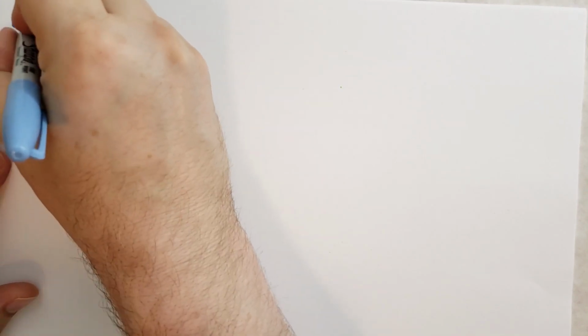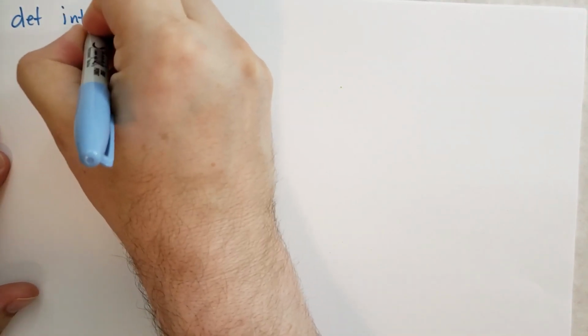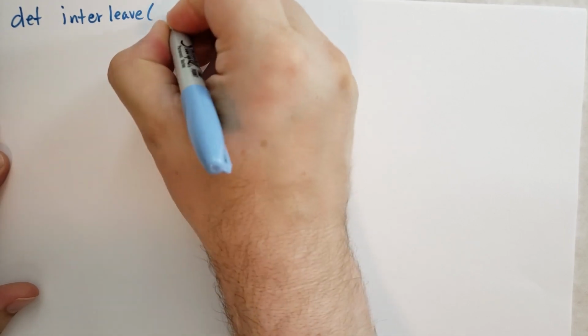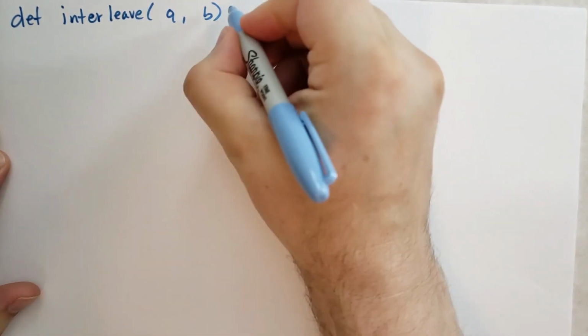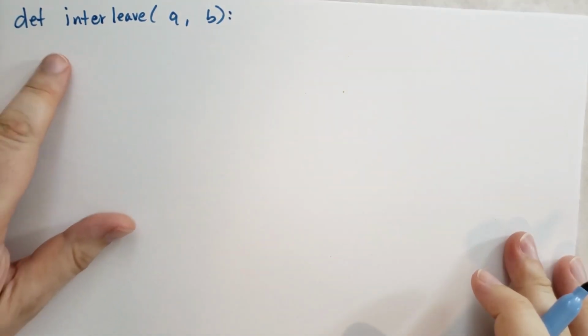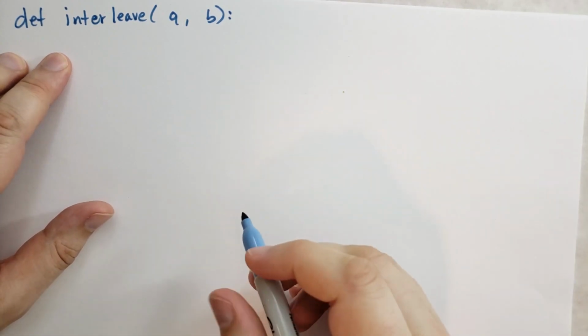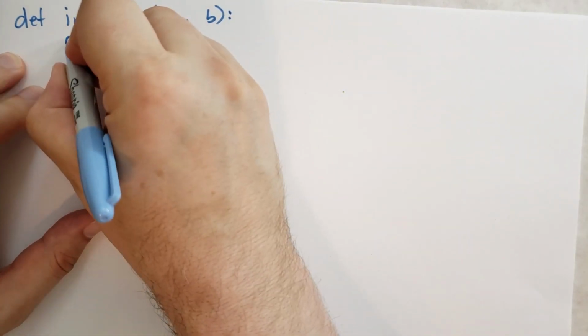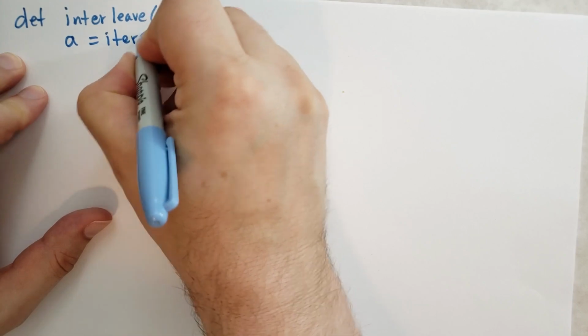In this example, we're going to interleave 2 sequences. This is going to be a generator. The first thing we'll do is we're going to convert these to iterators if they're not already.